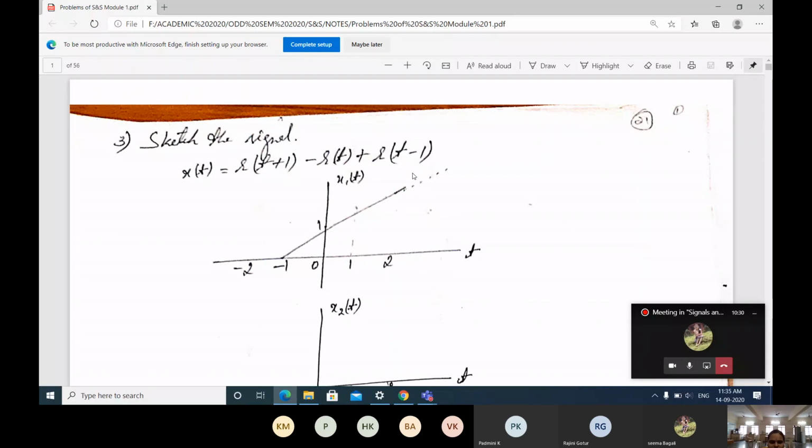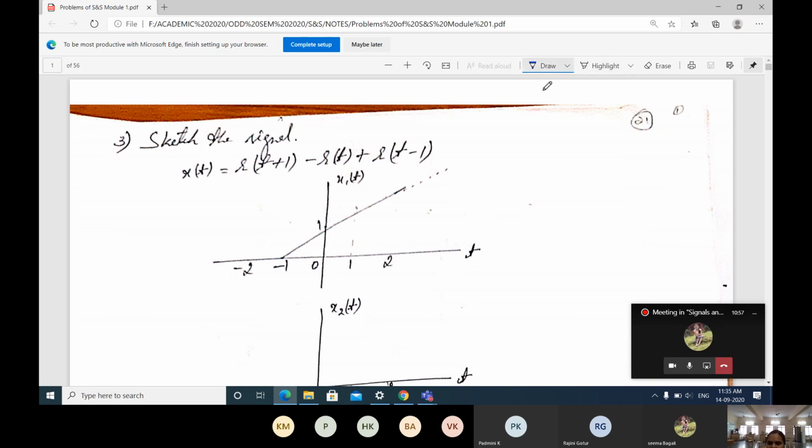First, which function is given? Observe here. This is the ramp function, right? Here r of t is given.